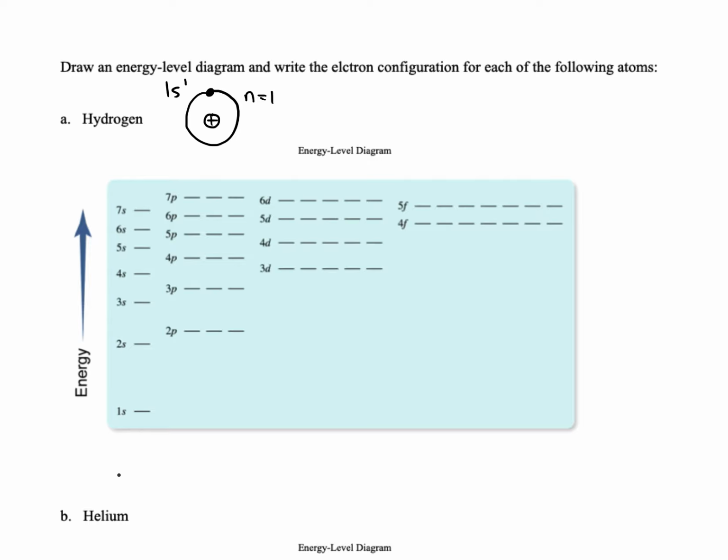And we want to both write that, the electron configuration is 1s1 for hydrogen. And we also want to show it visually with a simple arrow. Now the arrow represents the electron in the 1s orbital. And that's actually all we have to do for hydrogen.